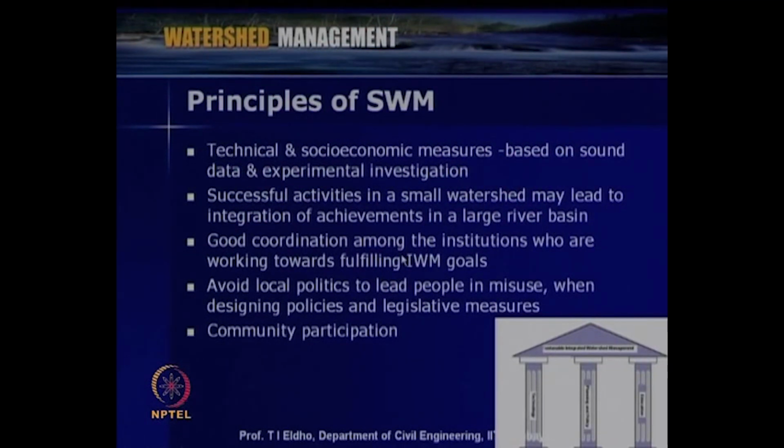So, when we start sustainable watershed management plans for a small watershed, we can go on to a larger river basin. The third principle is good coordination among the institutions which are involved and working towards fulfilling the integrated watershed management goals. The fourth is to avoid local politics leading people to misuse when designing policies and legislative measures.